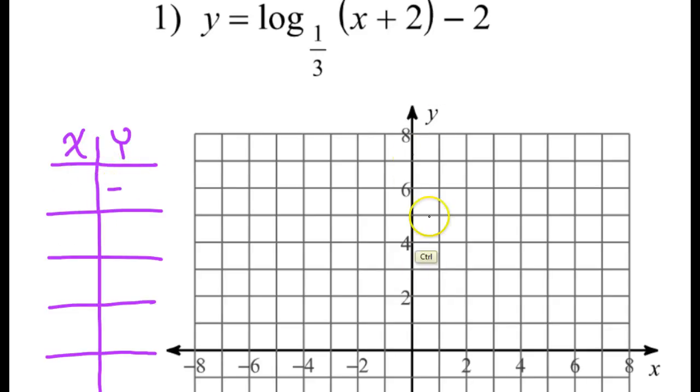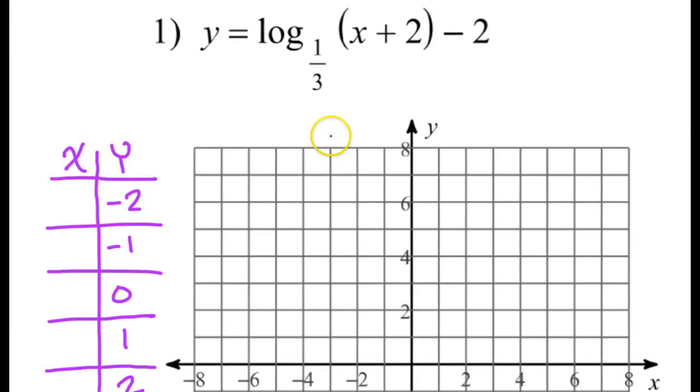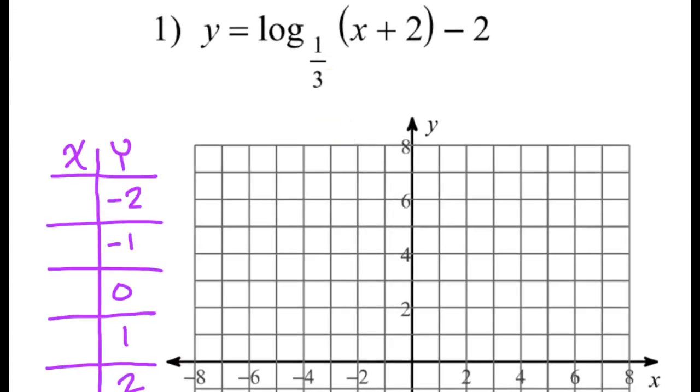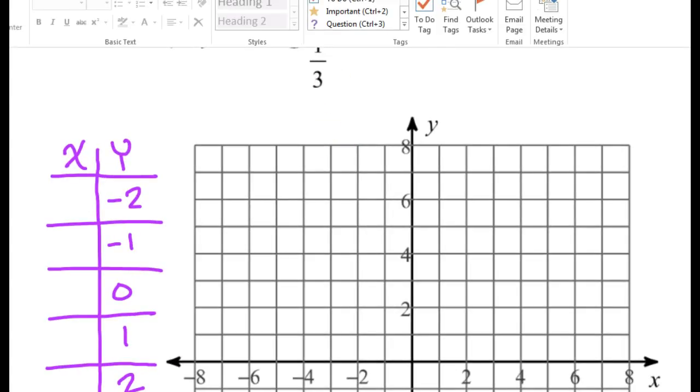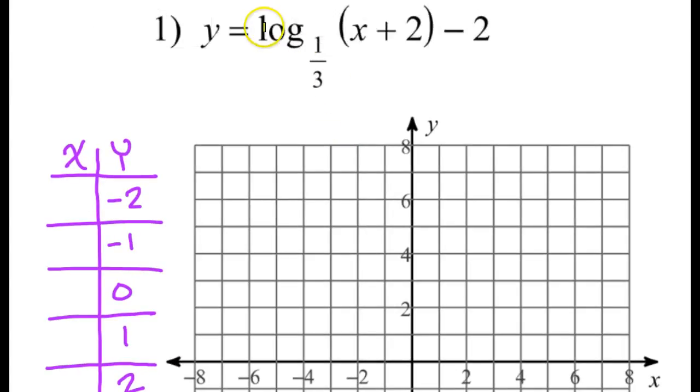So on a graph this size, I'm just going to do 5 values. So I will do -2, -1, 0, 1, and 2 for my y values. Now, what I recommend doing is start by graphing just the parent function.